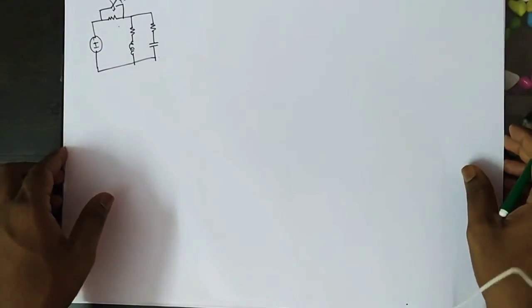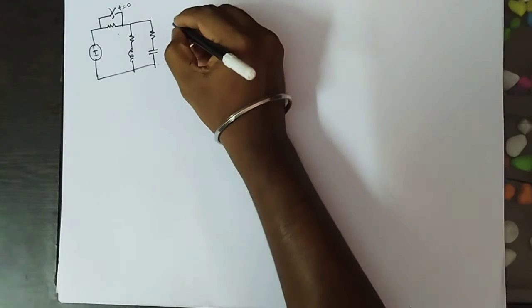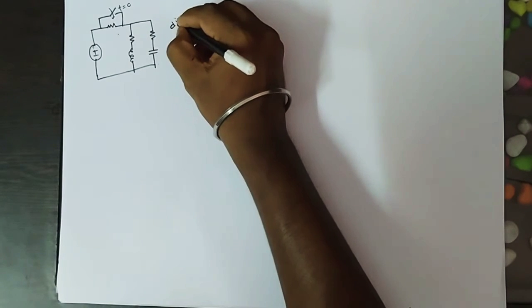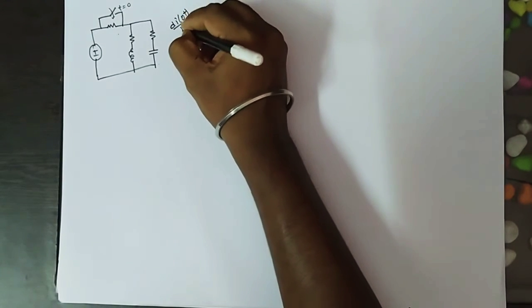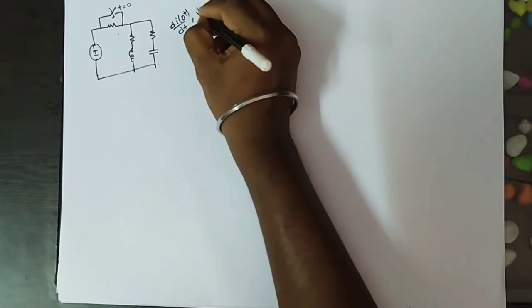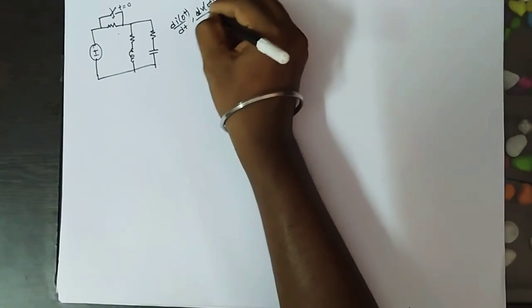So you will be given the circuit like this, having inductor and capacitor, and he is directly asking you to find dI of 0 plus by dt and dV of 0 plus by dt.